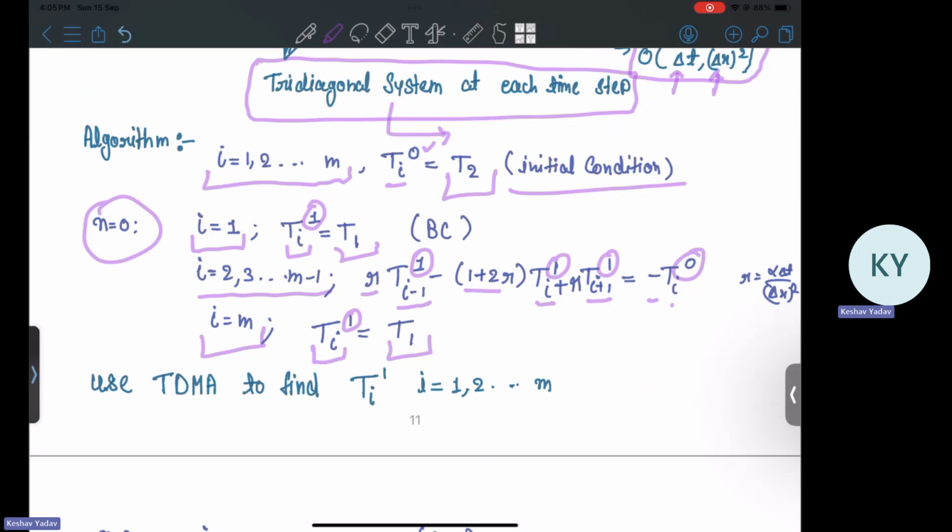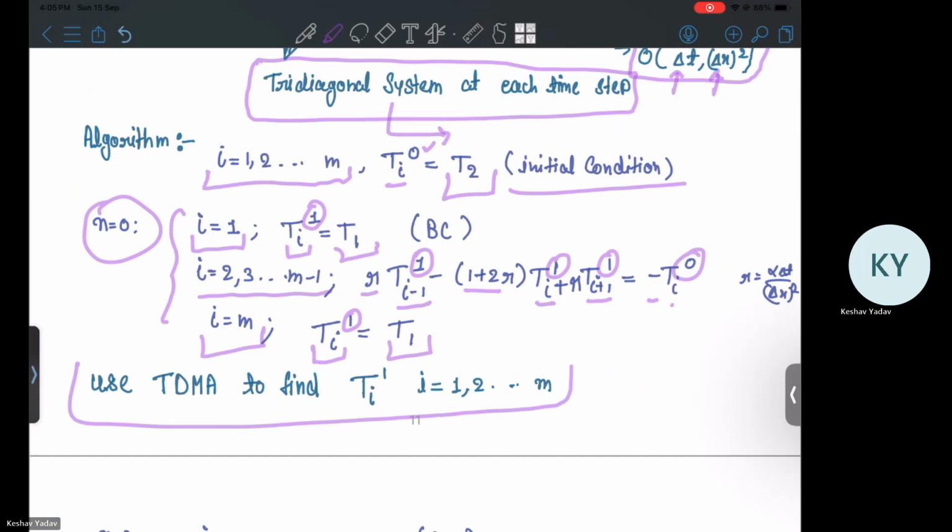This r is nothing but alpha delta t upon delta x square. Okay. So to solve this equation, we will use TDMA to find T at first.